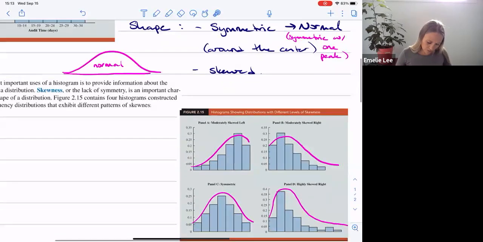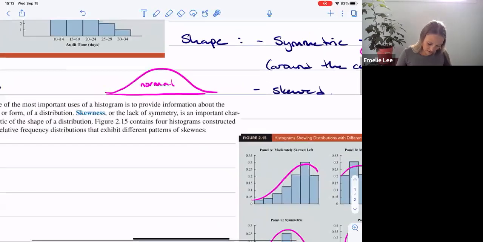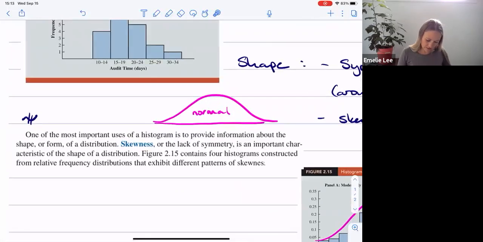And so when we're looking at a histogram, the reason we look at the distribution is to identify if there's any skewness, or lack of symmetry. So like I said, if you're looking at a histogram, the first thing I want you to look for is: is it symmetric? Yes or no, right?